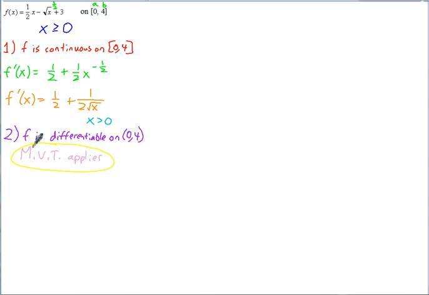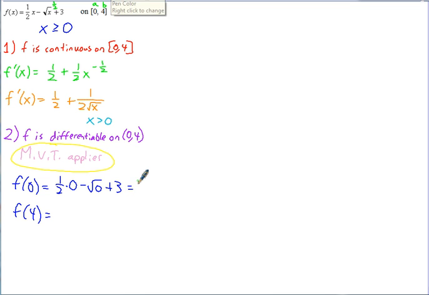And then to see if Rolle's theorem also applies, plug in our endpoints a and b, so let's find f of 0 and f of 4, and see if they're equal or not. If you substitute in 0, you get 1/2 times 0 minus the square root of 0 plus 3. That's just 0 minus 0 plus 3, which gives you 3.